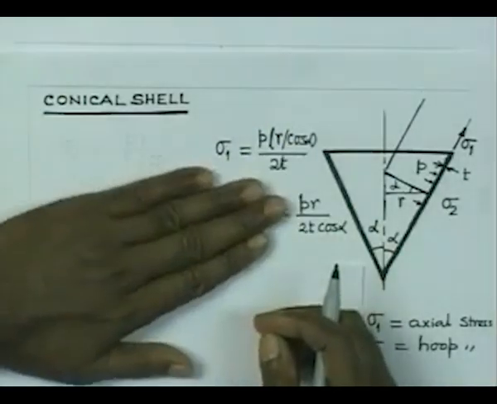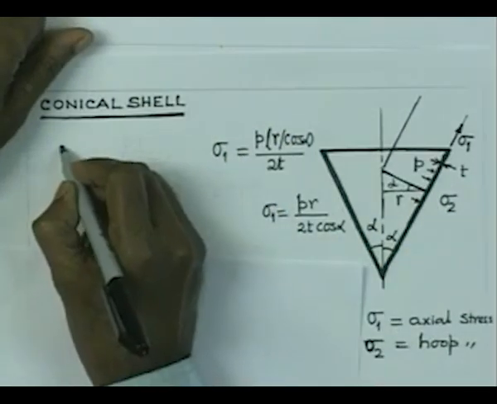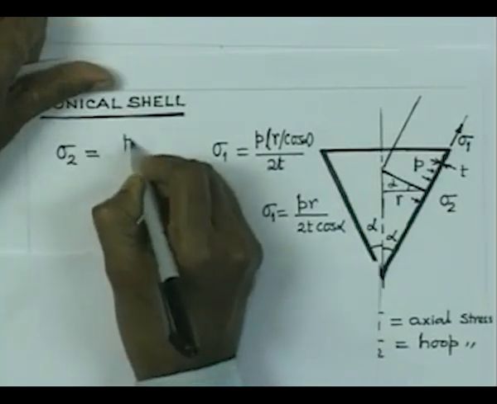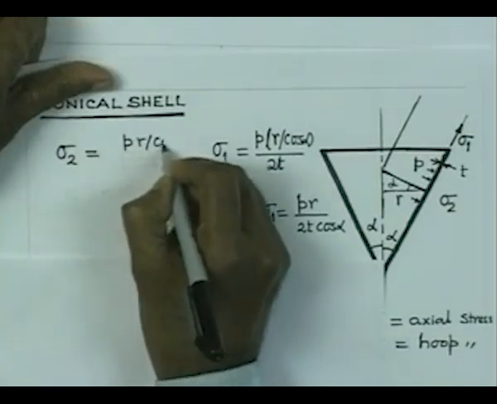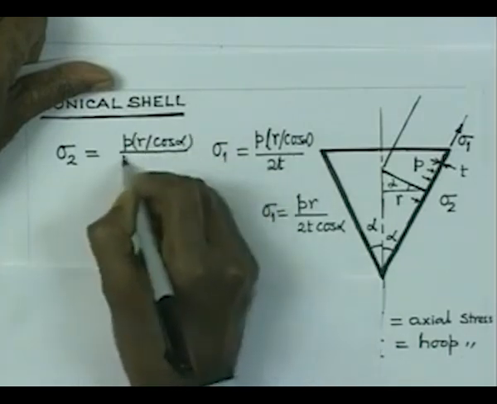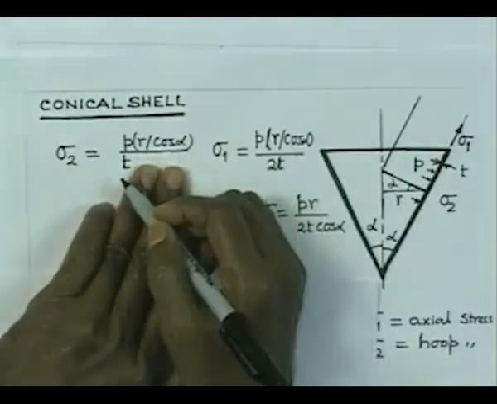Now, the other stress, which is the hoop stress, will be nothing but P r by T. So, herein we have P (r by cosine alpha) by T. So, that will become P r by T cos alpha.